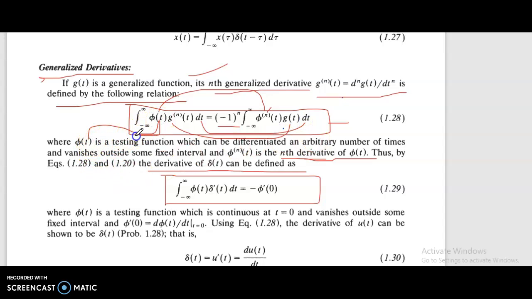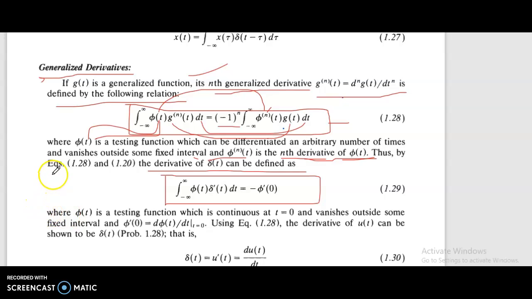Phi(t) is the testing function, which can be differentiated an arbitrary number of times and vanishes outside some fixed interval. Phi^(n)(t) is the nth derivative of phi(t).